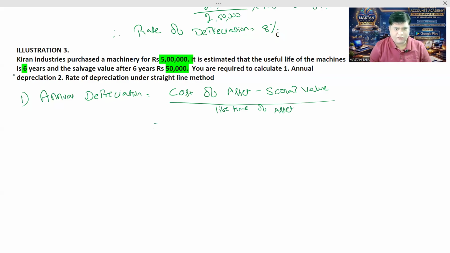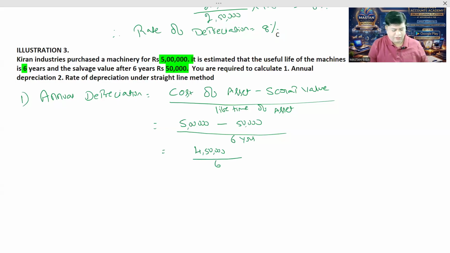What is the cost of asset? 5 lakh minus 50,000 divided by 6 years. That is equals to 4,50,000 divided by 6 years.